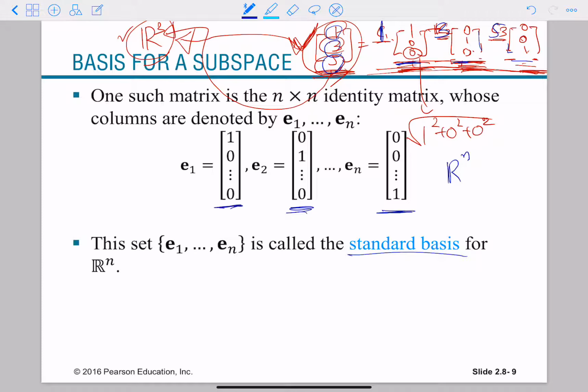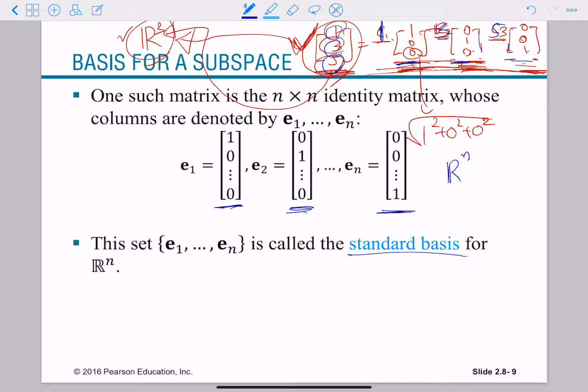We can easily see that when considering the standard basis, the number of basis vectors in the entire Rn is simply the same as the number of dimensions or the number of elements, right?